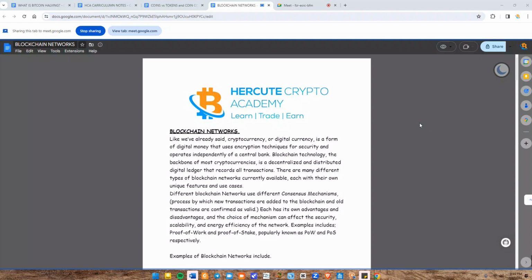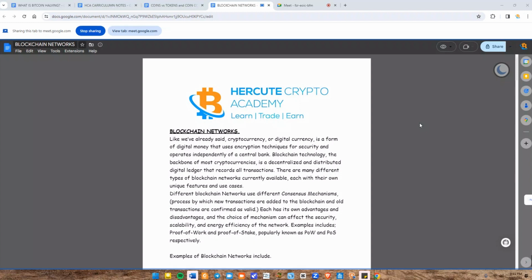Just as it is with the traditional financial system, we have different ways of doing business as far as finances are concerned. When we were looking at movement of money, we talked about different ways you can use to send money from one person to the other.